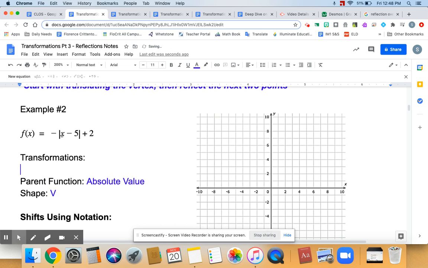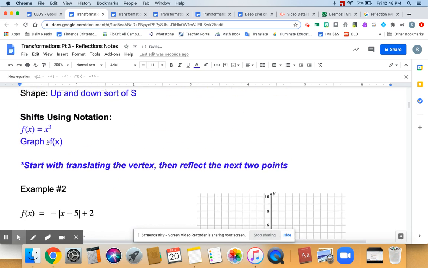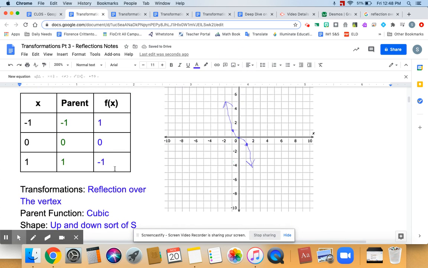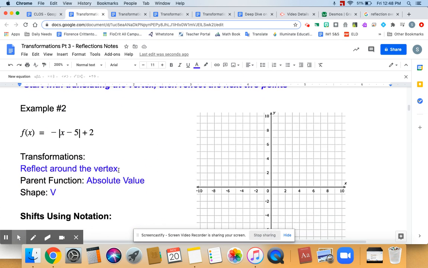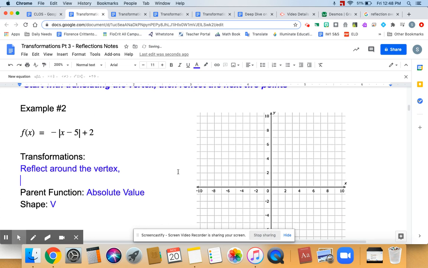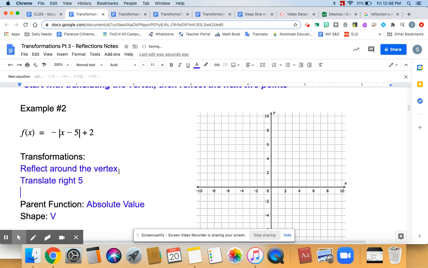Well, the negative in front tells you to reflect around the vertex. It doesn't matter if you say around or over, they're just words. Then there's a translation right 5, because the minus 5 in the parenthesis means to go right. And the plus 2 at the end means to translate up 2.